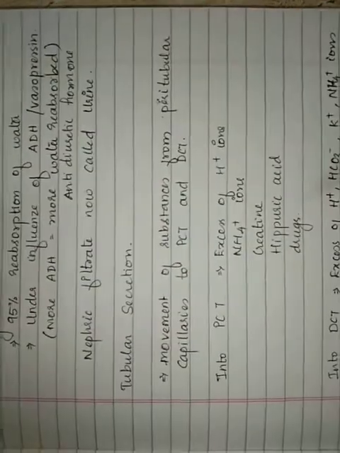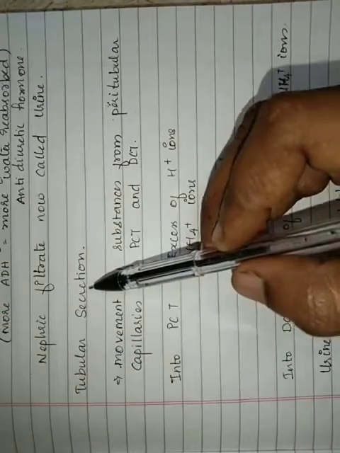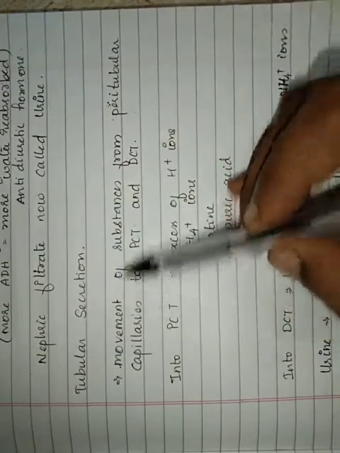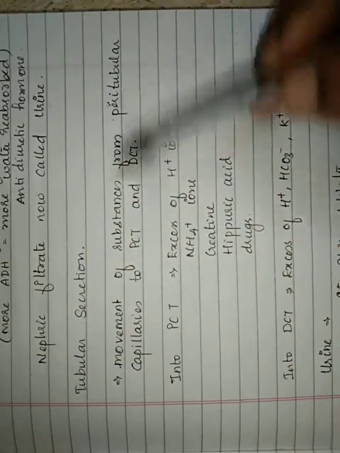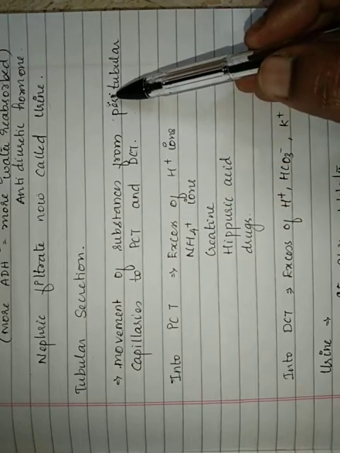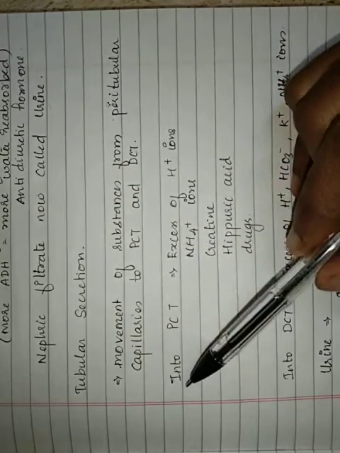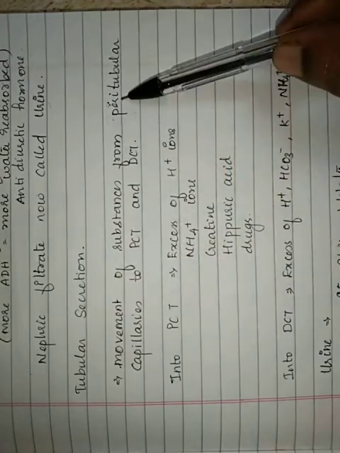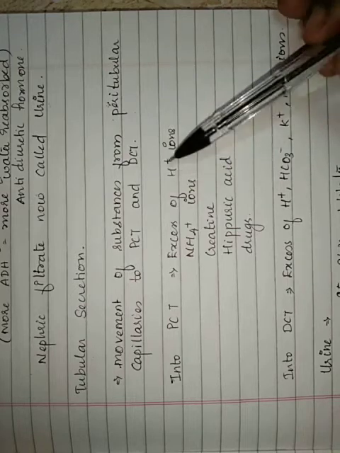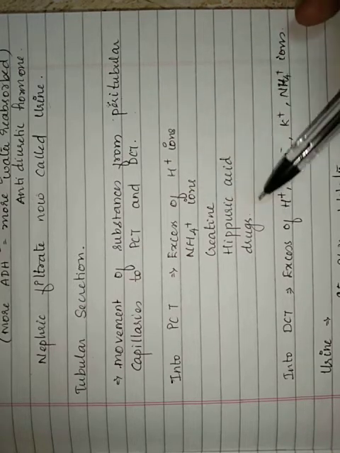So third step in the urine formation is tubular secretion. Tubular secretion அப்படினா என்னன்னா, it is movement of substances from peritubular capillaries into PCT and DCT. So what all is coming into PCT from peritubular capillaries அப்படினா excess of hydrogen ions, ammonium ions, creatine, hippuric acid and few drugs.